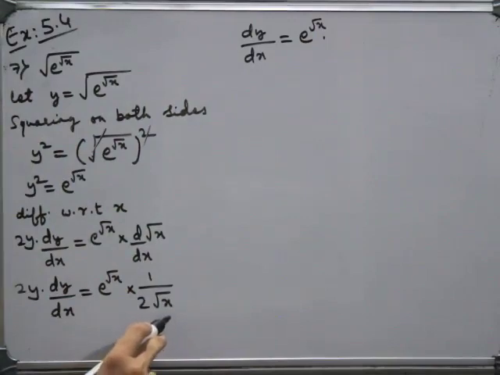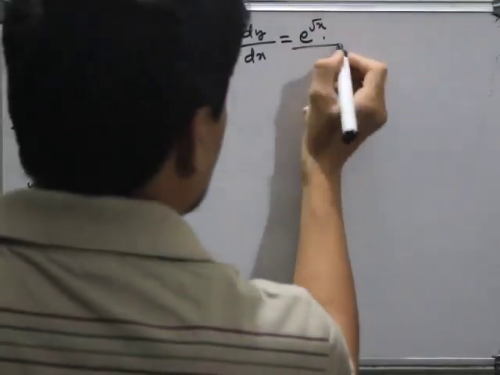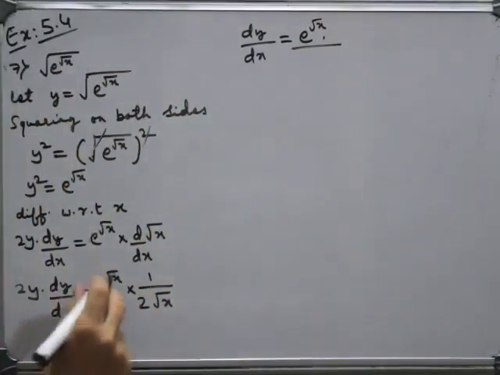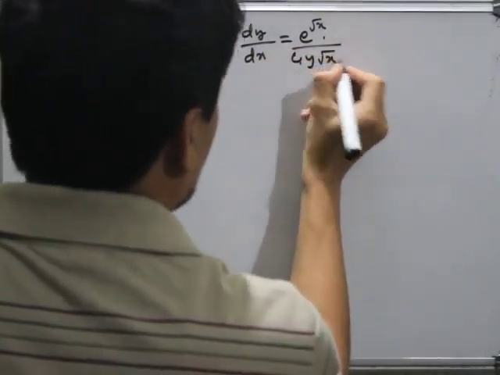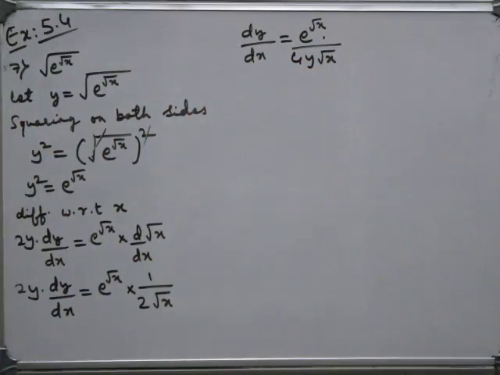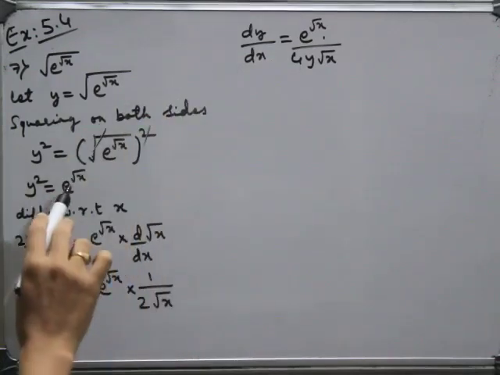So your final answer we can write is e to the power of root x divided by 2 into 2, that is 4y root x.